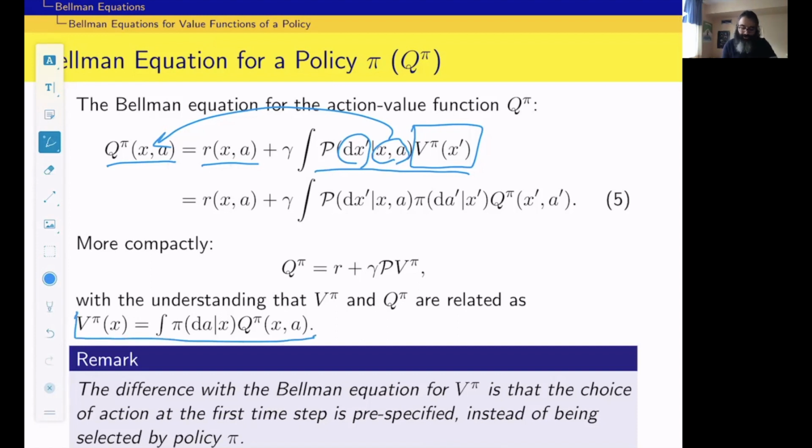V pi at state X is Q pi at state X, but we choose actions according to policy pi. So if the policy is a distribution, we take the integral or summation according to the action there.